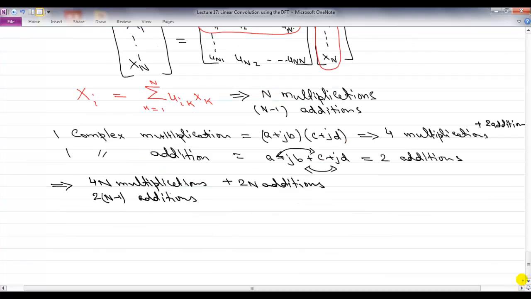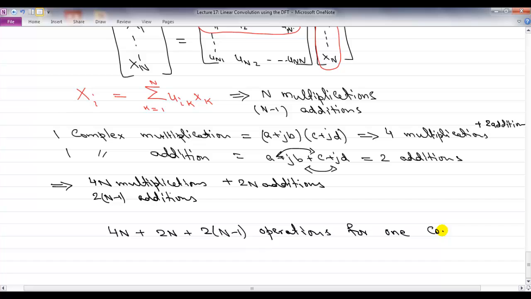So the operations in general involve 4n plus 2n plus 2 times n minus 1 operations for one coefficient. And now if you want to compute everything, that will be n times this number, which ends up being order n squared.